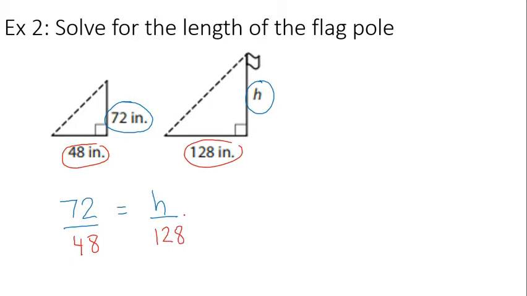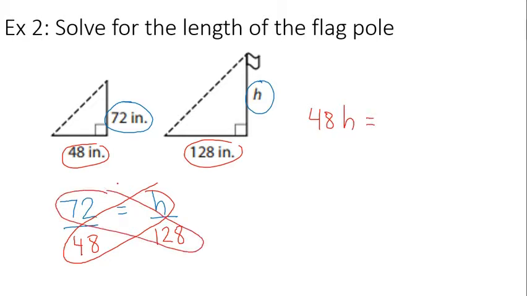So here I'm just going to, again, cross multiply. I'm going to take 48 times h, so I'm going to get 48h equals, then I'll take 72 times 128. That's going to give me 9,216.